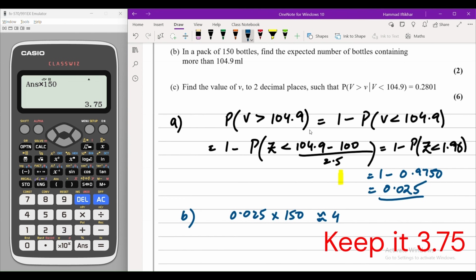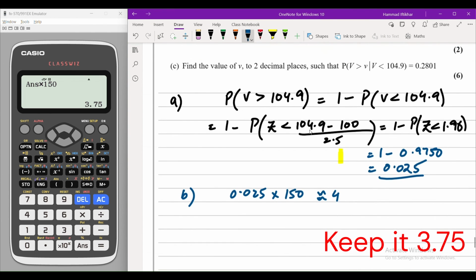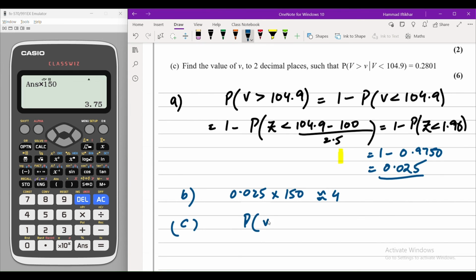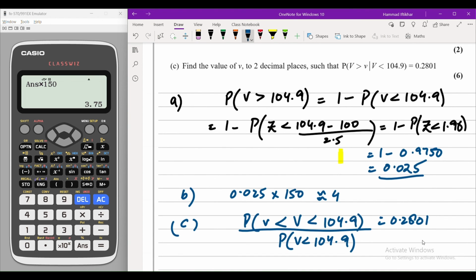Okay, find the value of v to two decimal places such that the probability of V greater than small v, given that V is less than 104.9, is equal to 0.2801. Okay, so let's expand what that really means. That expands to the probability of V less than 104.9 divided by the probability of V less than 104.9 is equal to 0.2801.